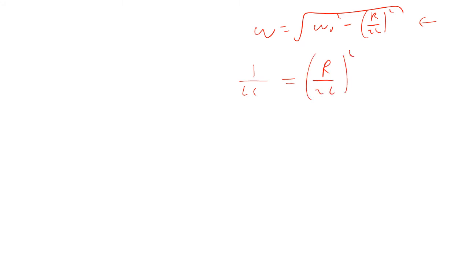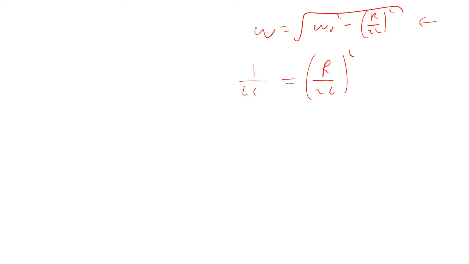But omega is the square root of omega naught squared minus r over 2l squared, and if r is just right, then remember that omega naught squared is 1 over LC, so r over 2l squared equals that, and that would mean omega is 0.